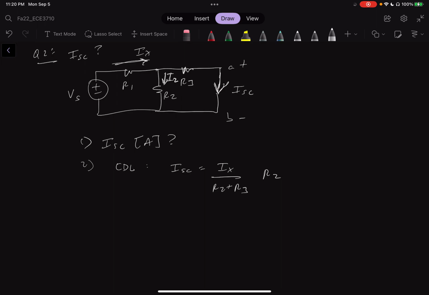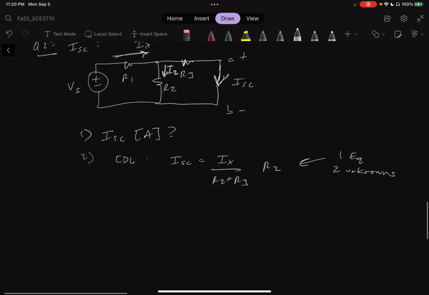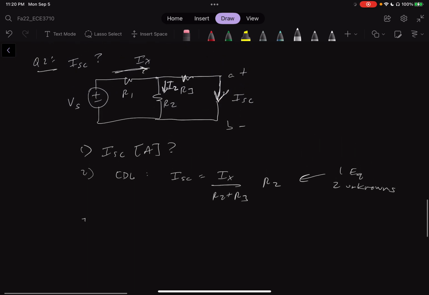Ix is the one that's going to split up. How do we solve for Ix? Because that's the one missing. We have one equation, two unknowns. We need to find Ix. So that's my third step. Well, can you simplify the circuit to find Ix?